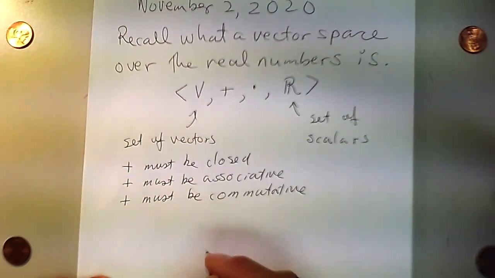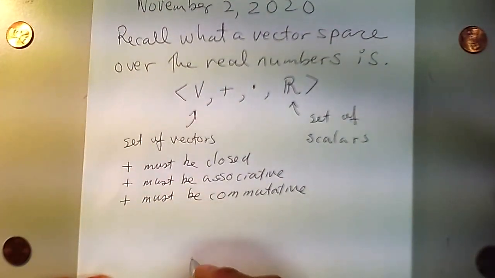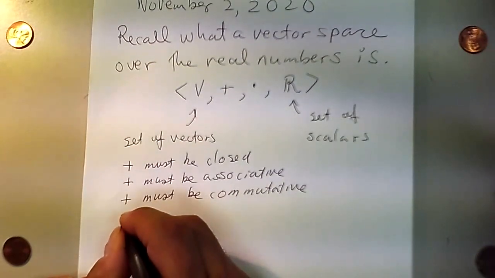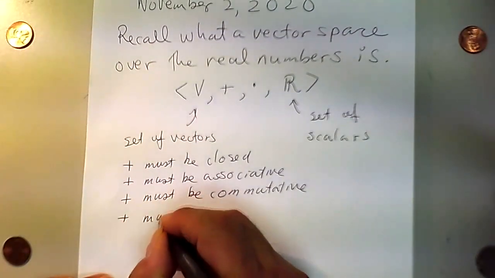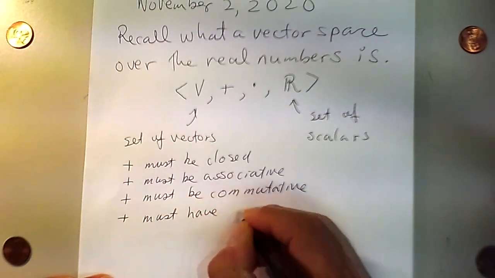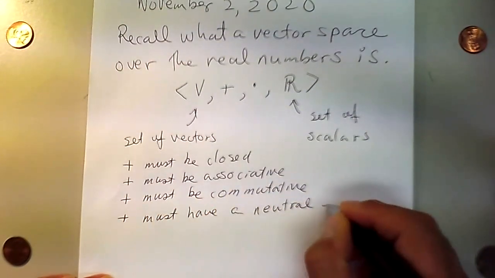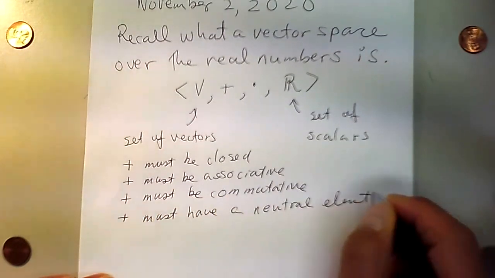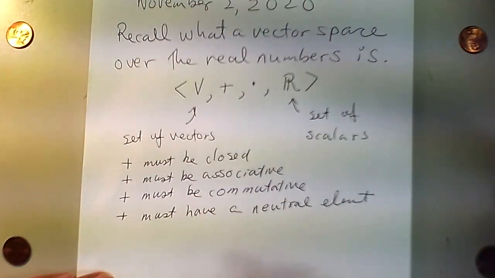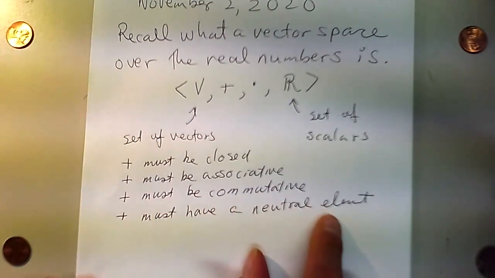The next one is a little weird. The addition must have a neutral element, has to have a neutral element. So the operation has to have a neutral element.